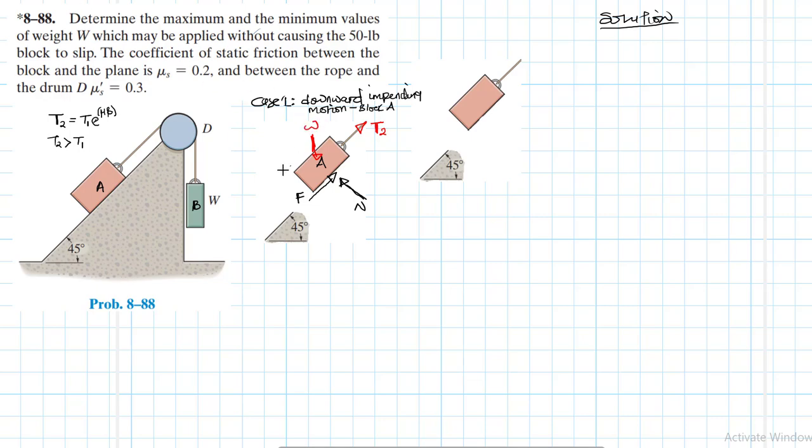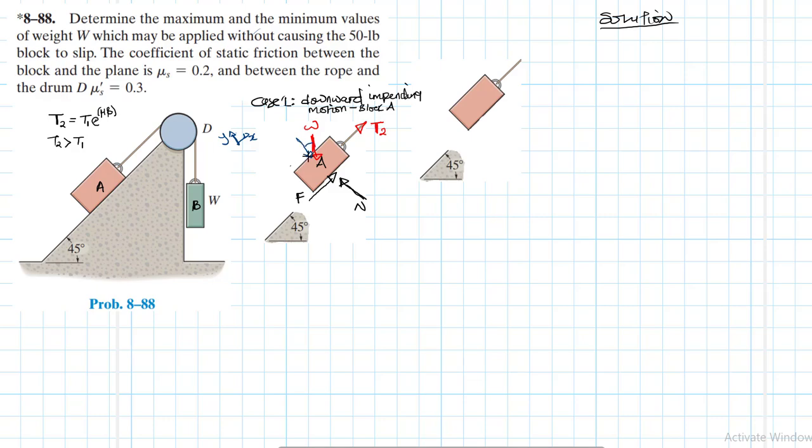This W is going to have components in our coordinate system. So this is our coordinate system, this is our X, this is our Y positive. We'll have a component in this direction, and a component in that direction. It's a component of W.